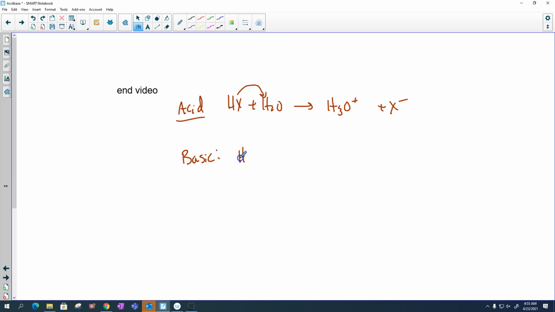It's just the opposite: X negative plus water, where X negative gets an H from water. This gives me HX, back to my acid, plus OH negative. So that was in there just a little bit. Thank you.